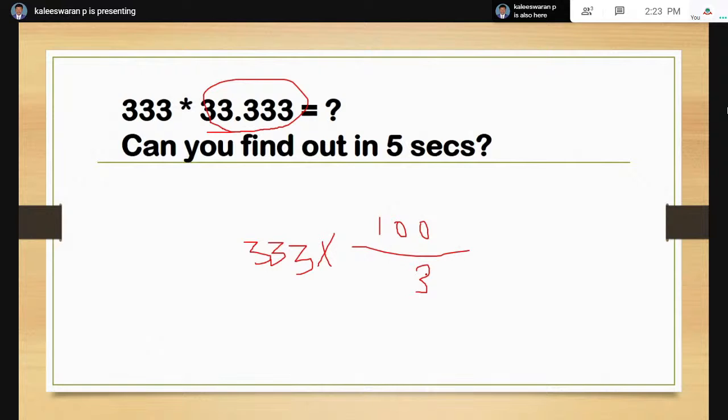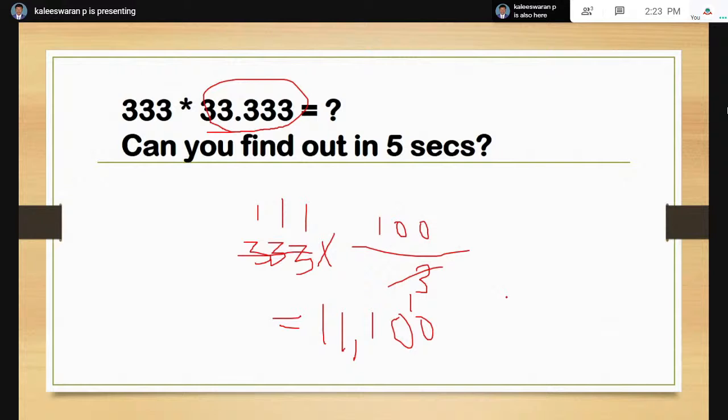Now cancelling, 1 times of 33, 1 times of 3 equals 3. This is triple 1 times. So finally the answer is 11,100. The calculator answer is 11,099.88. Approximately it is 11,100.